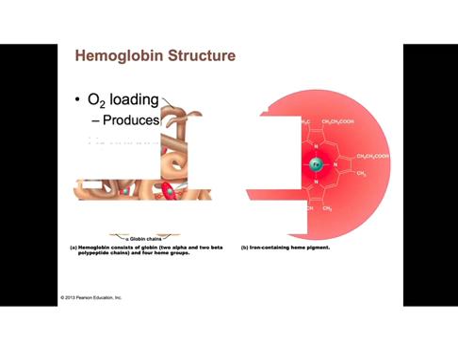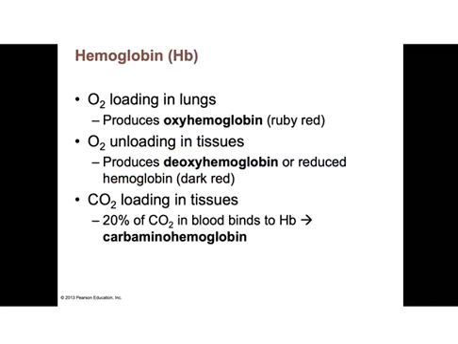In the lungs, we produce something called oxyhemoglobin, where the oxygen is going to pass through what we call the respiratory membrane of the alveoli of the lungs, which are like little air sacs. The respiratory membrane is made up of the endothelial cells of the alveoli, the basal lamina, and then the endothelial cells of the capillaries. And it's less than a micron thick.